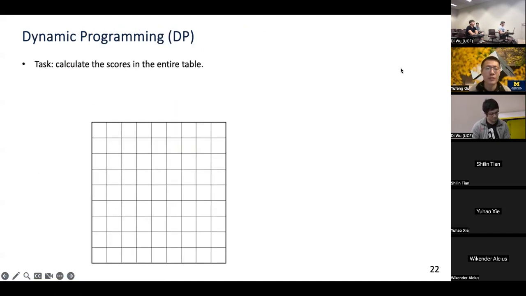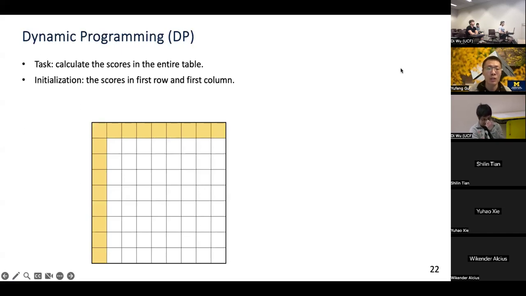So let's first look at what a dynamic programming algorithm is. In this example, we want to calculate the score of the entire table. And we know the initialization, that is the scores in the first row and first column. It's similar to the Smith-Waterman algorithm that I mentioned before.